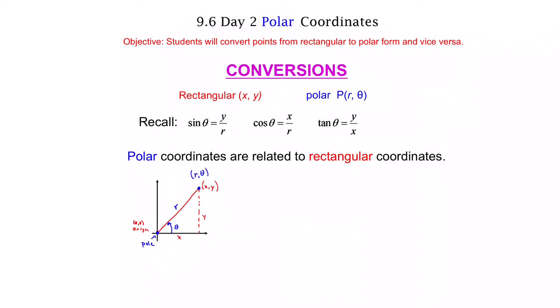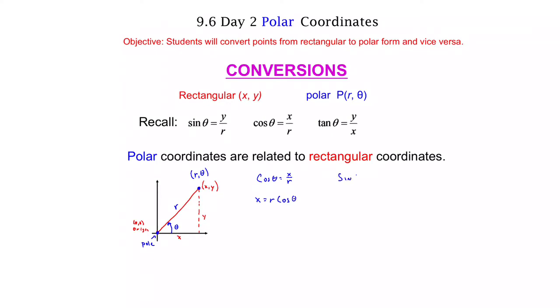Now let's take a look at this a little closer. If I say that cosine of theta is equal to x over r, that can be rewritten, if we multiply both sides by r, to x equals r times cosine of theta.